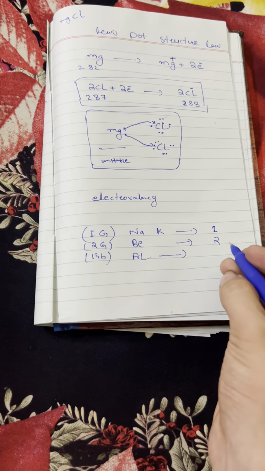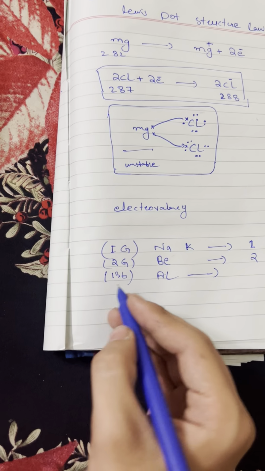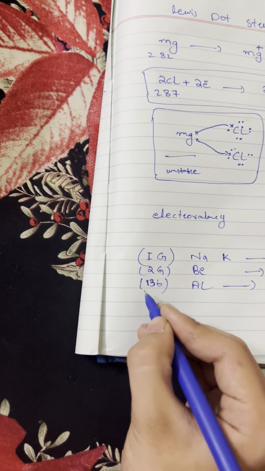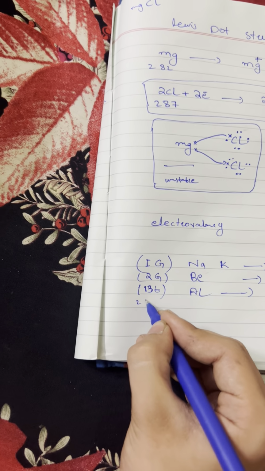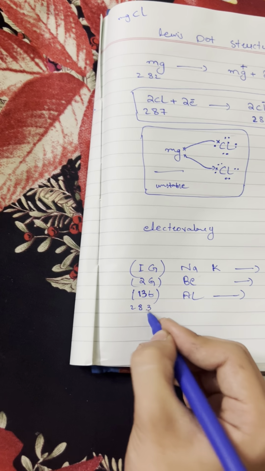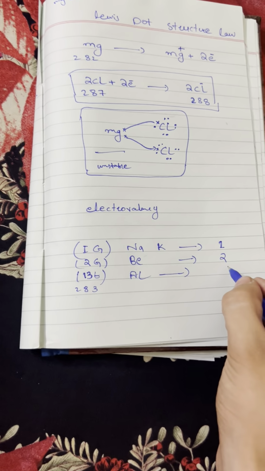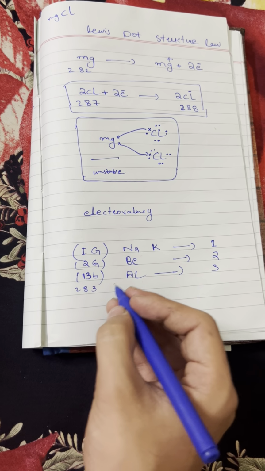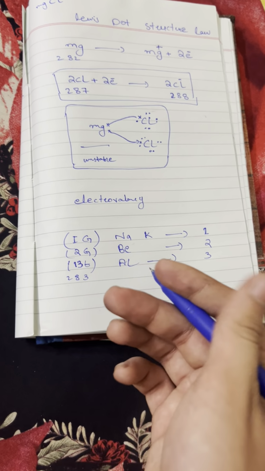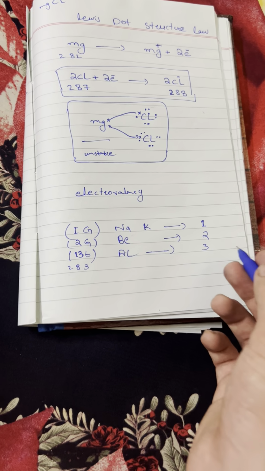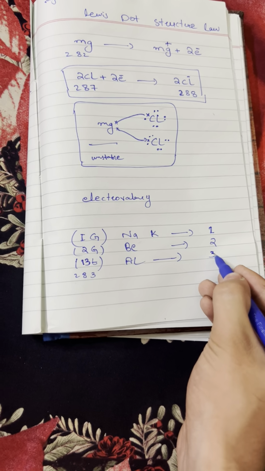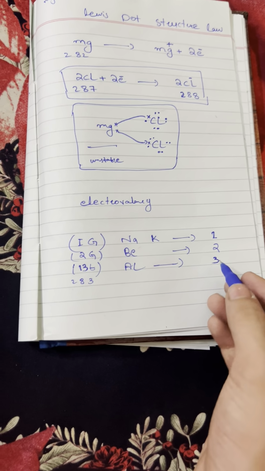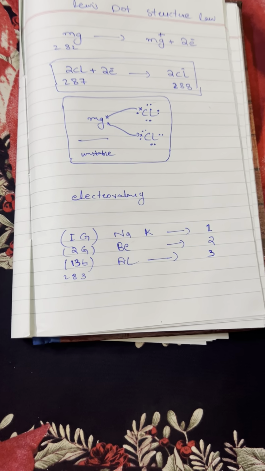They have 2, 8 and 3, so they have an electrovalency of 3, because in their valence shell there are 3 electrons.